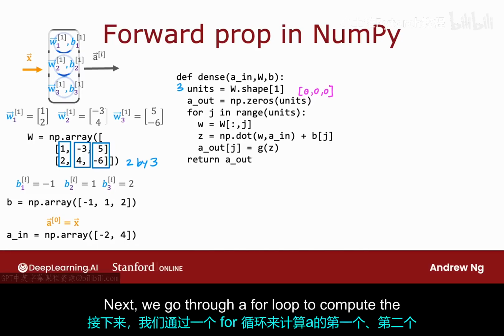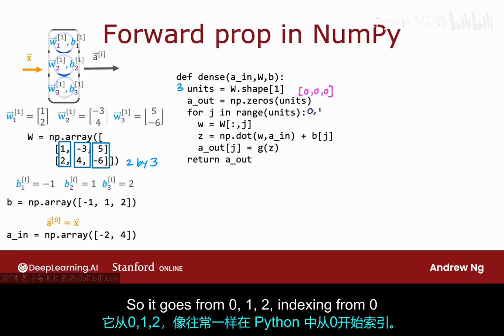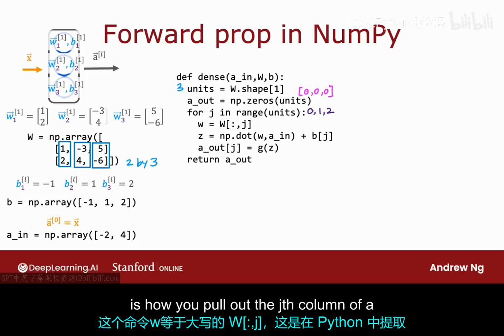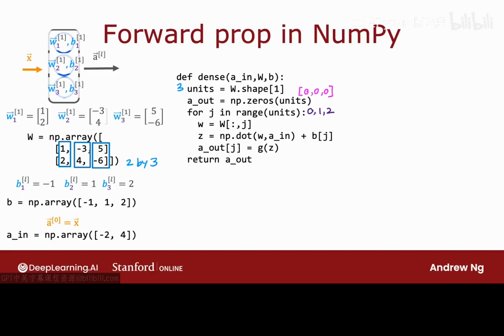Next, we go through a for loop to compute the first, second, and third elements of A. So for j in range(units), so j goes from 0 to units - 1. So it goes from 0, 1, 2, indexing from 0 in Python as usual. This command, w = W[:,j], this is how you pull out the jth column of a matrix in Python.